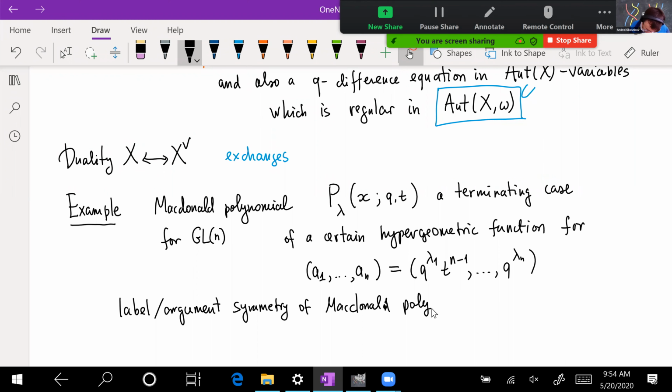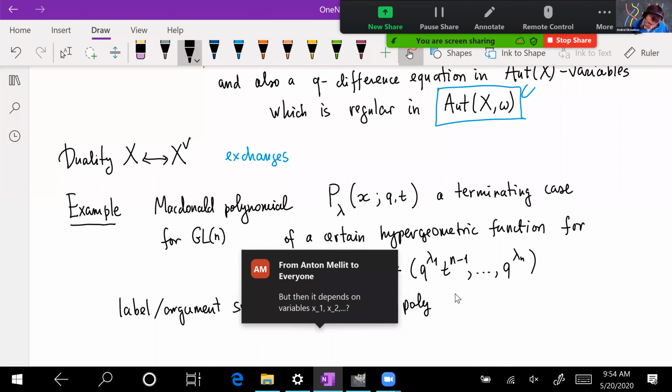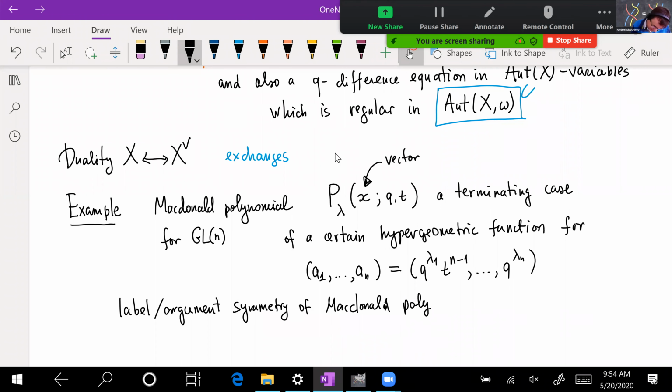This says that the equation... well, here X is a vector, and this is a partition. Lambda is a partition. Thanks, Anton. So X is a vector, X1 through Xn.